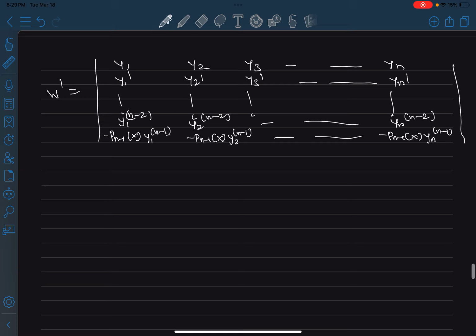Now I can take this negative pn minus 1 of x common, and the remaining thing is just the Wronskian.